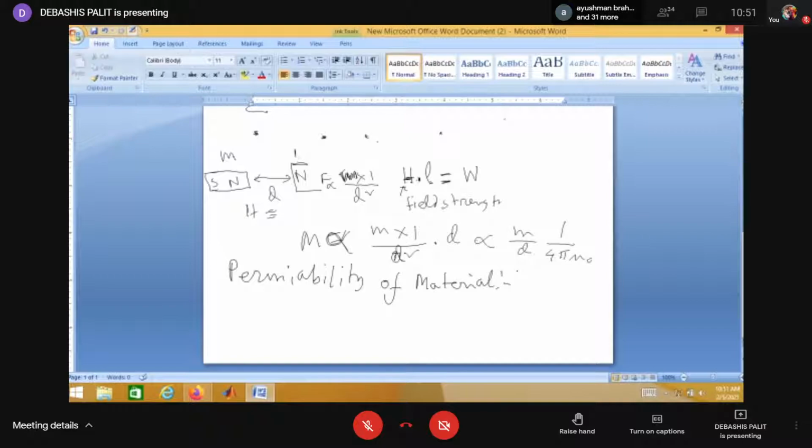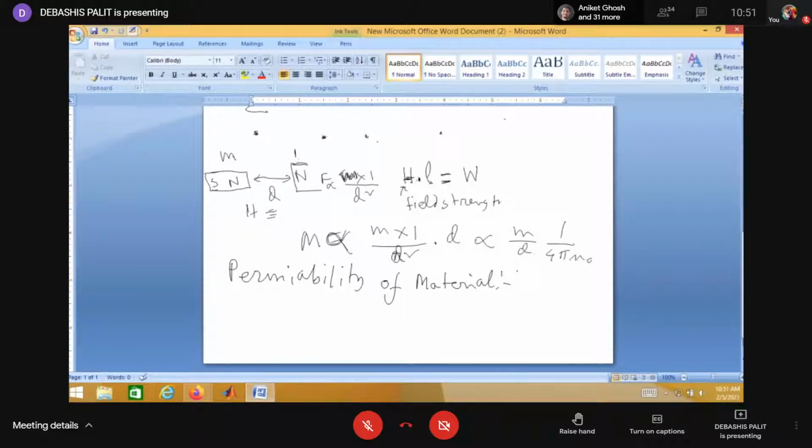Permeability of a magnetic material is a kind of property that dictates how much potential that material has for the flow of flux.